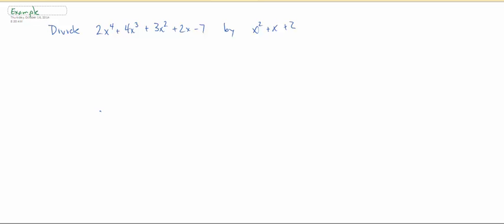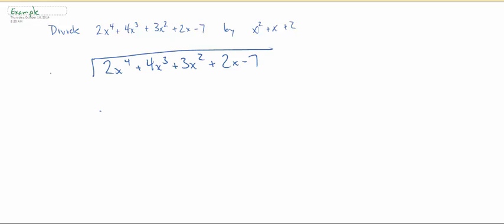Now let's divide. We're going to divide 2x to the fourth plus 4x cubed plus 3x squared plus 2x minus 7 by x squared plus x plus 2. Okay, so this is the same thing as any other division problem, except it just looks different.